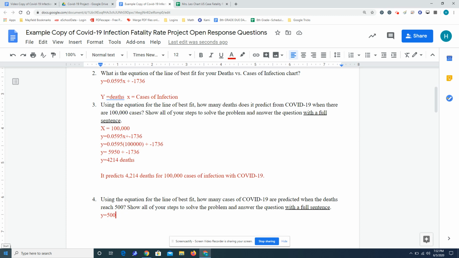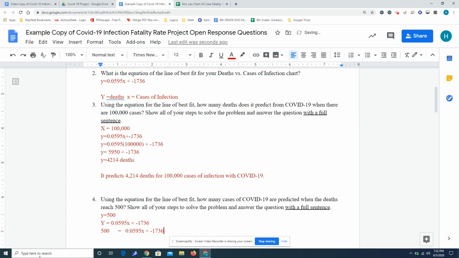I'm going to use the equation again, but this time I'm going to put that number in for y instead of x. So I'm going to take out my y and put in 500. And I'm going to leave some spaces because I'm going to show my work right in my document. You can do it on paper first if that's easier for you and then transfer it here.